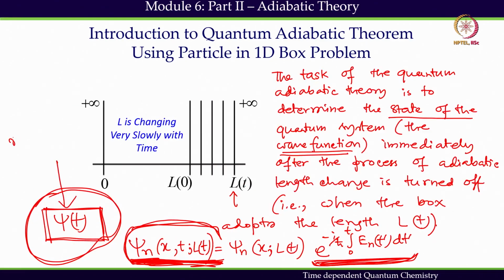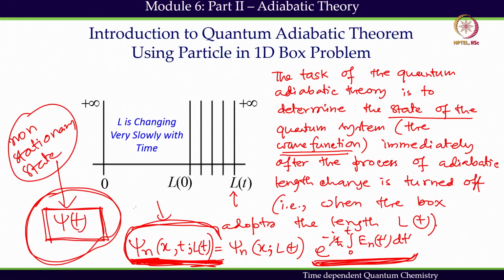This is actually the non-stationary state wave function. The particle can actually be in the non-stationary state after the expansion. It may not be in the stationary state. That's the general consequence of any time evolving system, because whenever the system is evolving in time, it cannot stay in the stationary state.